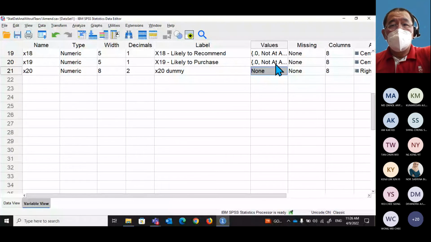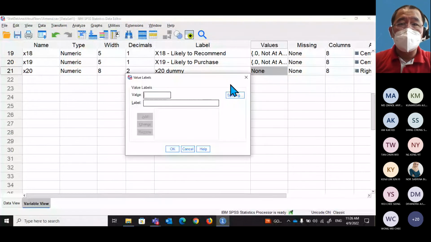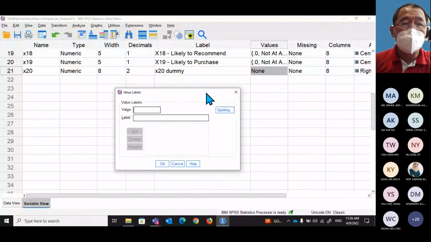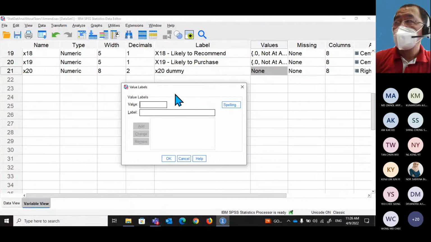For the values, click here and make sure you get this pop-up box, value labels. This can be the location of the respondent, either urban or maybe semi-rural.